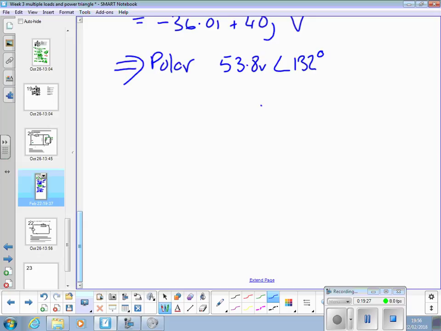Total impedance. How can we get that? We've got to have them in polar form.